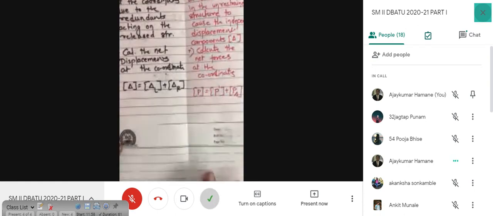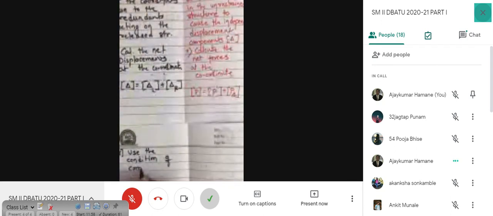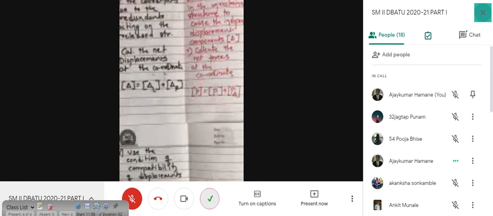Now the next one is eighth. Use the condition of compatibility of displacement to calculate the redundant.